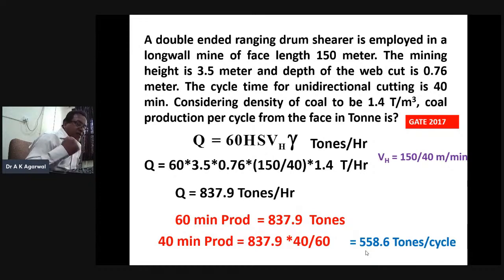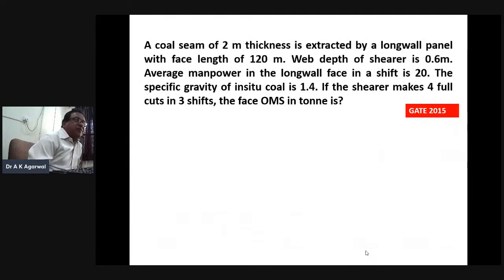Very simple. Okay, I'll take another question. A coal seam of 2 meter thickness is extracted by a longwall panel with face length 120 meter. Seam thickness 2 meter, length is 120 meter, web depth of shear is 0.6 meter.